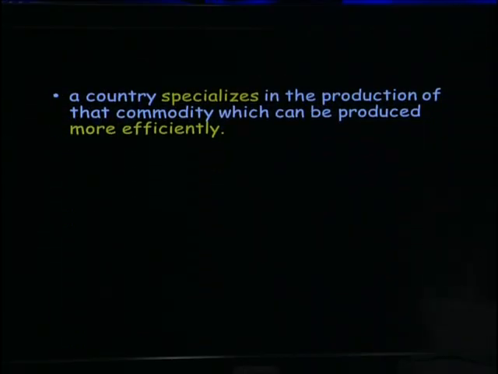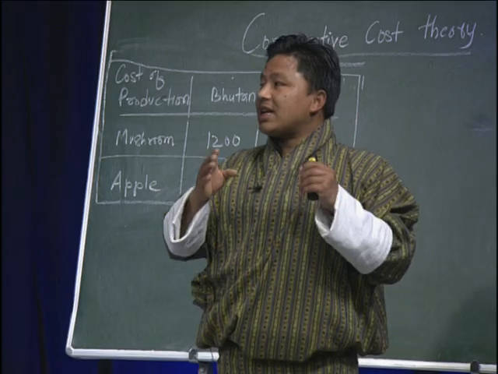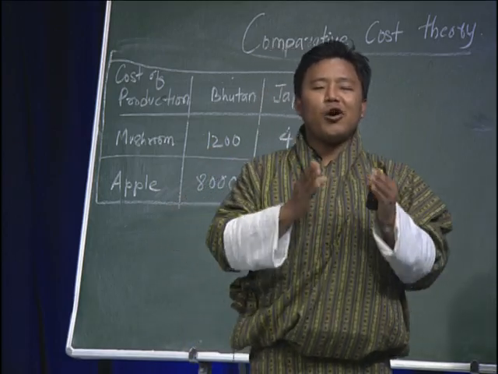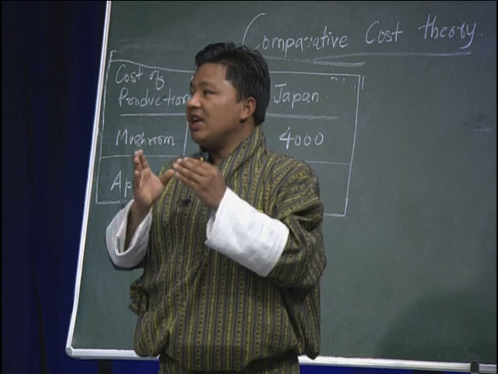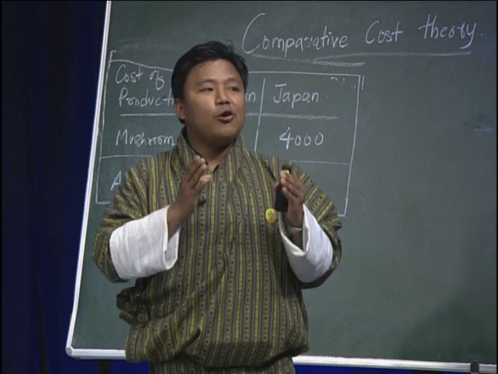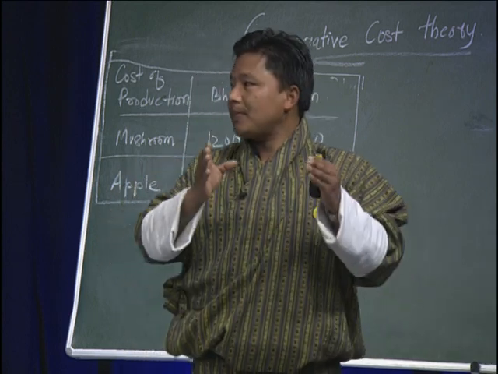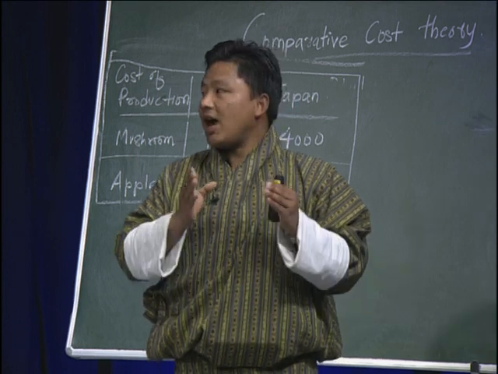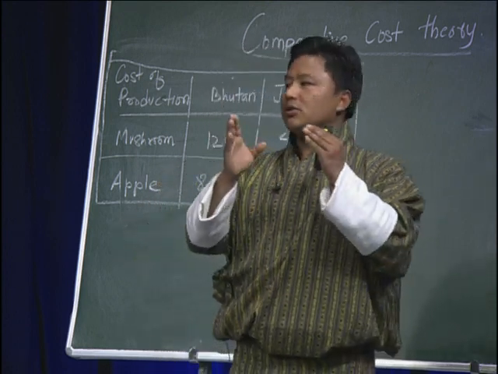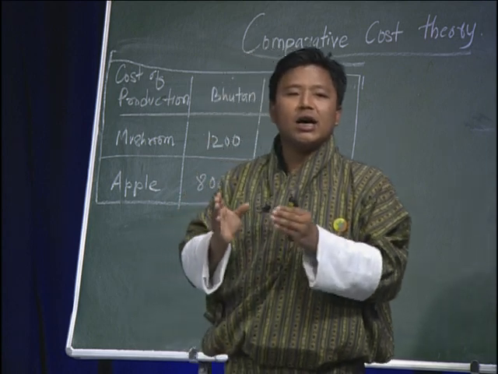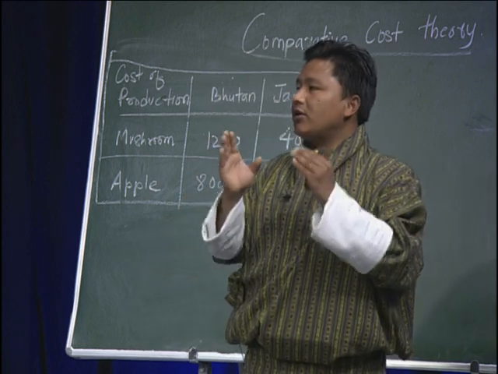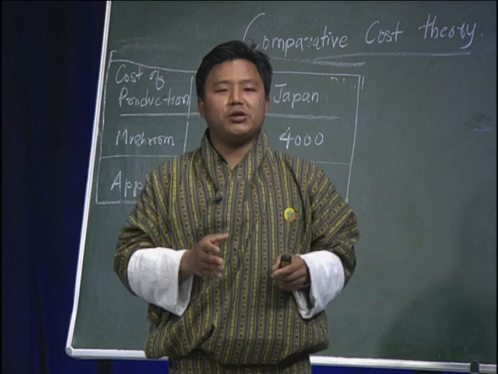On the other hand, the country which has absolute disadvantage in the production of both commodities will still produce the goods and concentrate on the commodity in which it has lower comparative disadvantage, and ignore the one for which it has greater comparative disadvantage.